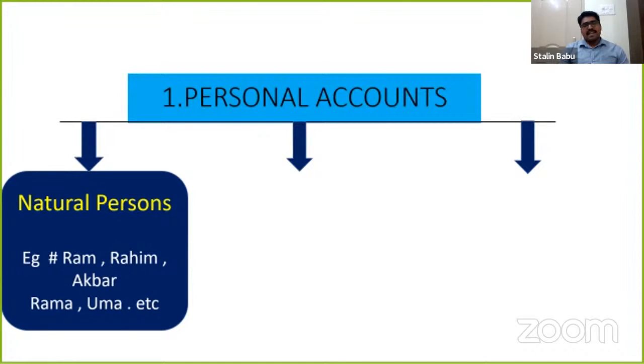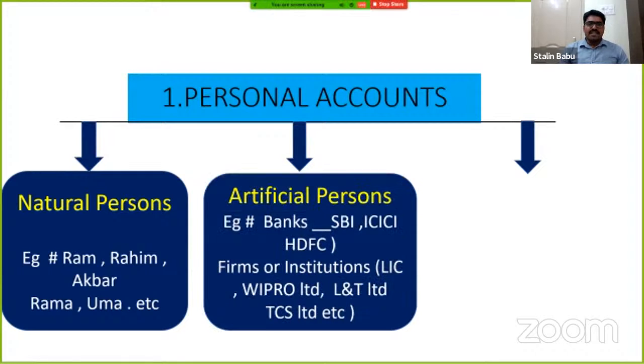Personal account is classified into three types. In that, the first one is natural persons. What is the second one? The second one is opposite to the natural person. What is the opposite of natural? Yes, artificial. The second one is artificial persons. These artificial persons are created by laws.